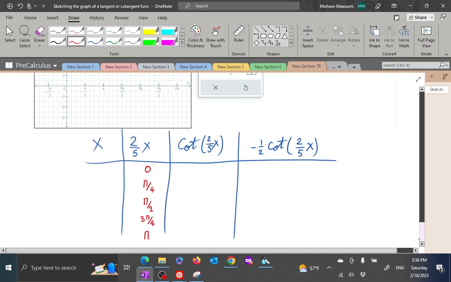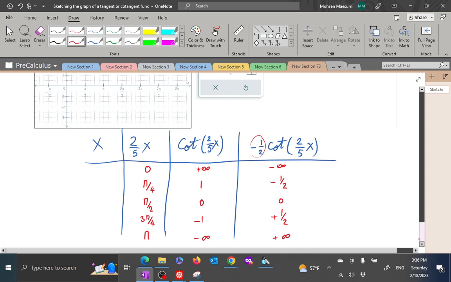Cotangent is going to start at plus infinity, hit 1, hit 0, hit minus 1, go to minus infinity. If I'm multiplying by minus 1/2, it's minus infinity, minus 1/2, 0, plus 1/2, plus infinity. Is that right? Now, let's be careful here.